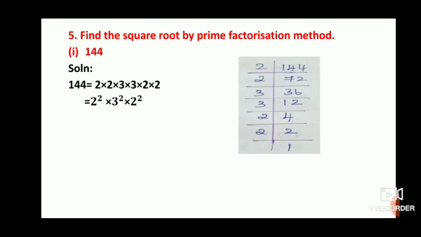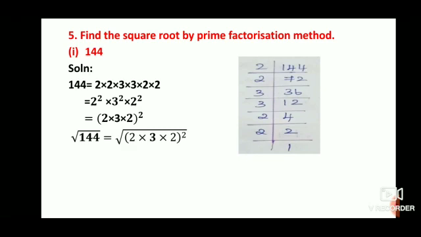So 2 into 2 is 2 squared, into 3 into 3 is 3 squared, into 2 into 2 is 2 squared. So this is 2 into 3 into 2, the whole squared. So next, the root of 144. Both the sides take root.